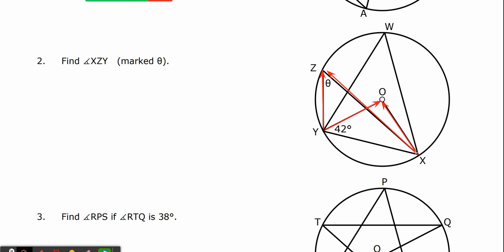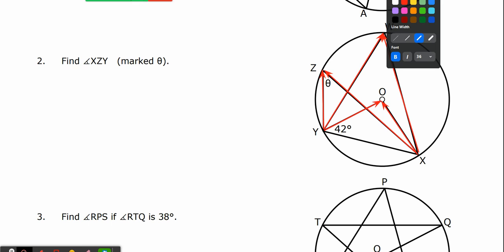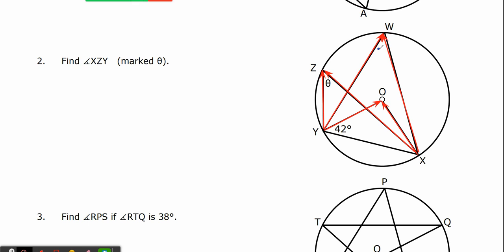Now the angle at the center is equal to 2 times the angle at the circumference. So with that said, I can already see that this angle is equal to theta, angles in the same segment. And because this angle is double any one of those, this one here will be 2 theta.